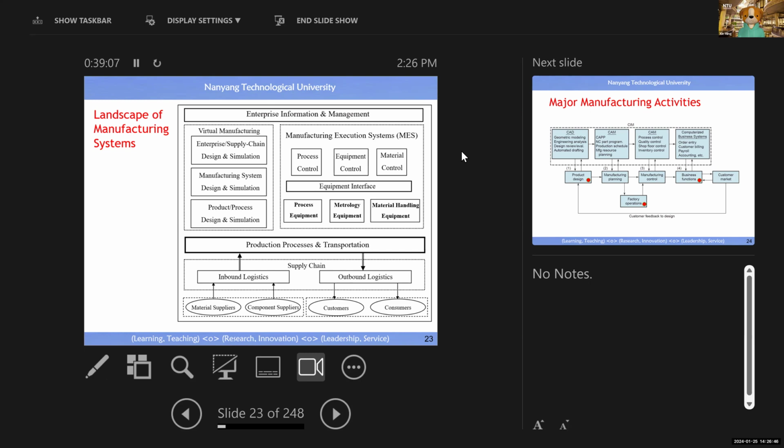You see the big level here, we call it virtual manufacturing, or you use another term, digital twin of your factory, yes or no? I guess some of you have heard of a digital twin, right? Okay, so it's the same: inside your handphone, you can play the game, inside your computer, you can play the game. But inside the MES, you can also have a simulated version of your factory. So this looks very much like a brain. You can say this is the brain of the factory, right?